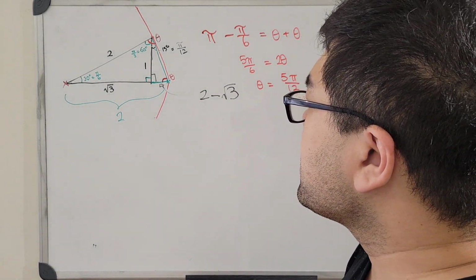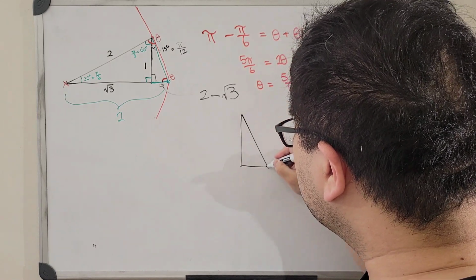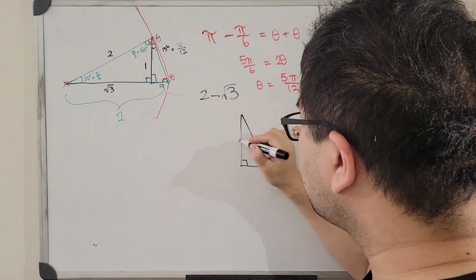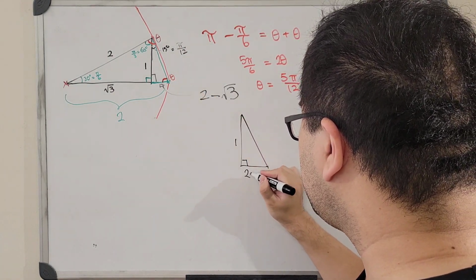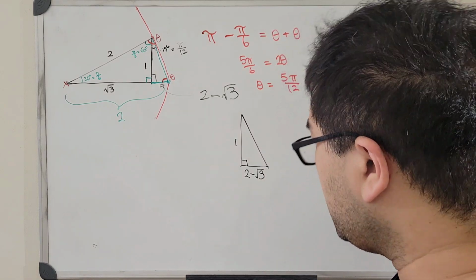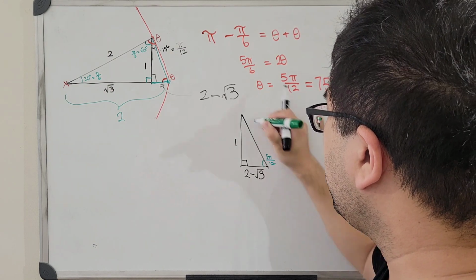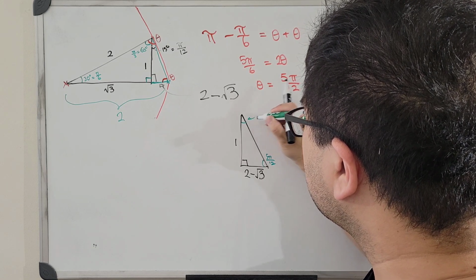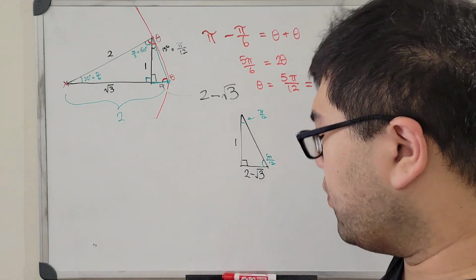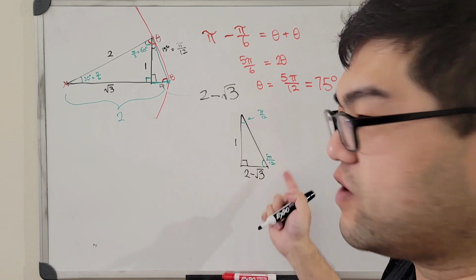Then now we have the right triangle that we need, labeling the length of the two legs: 1 and 2 minus radical 3, with the angle here 75 degrees, or 5 pi over 12. And here the sharp one will be pi over 12, or 15 degrees.